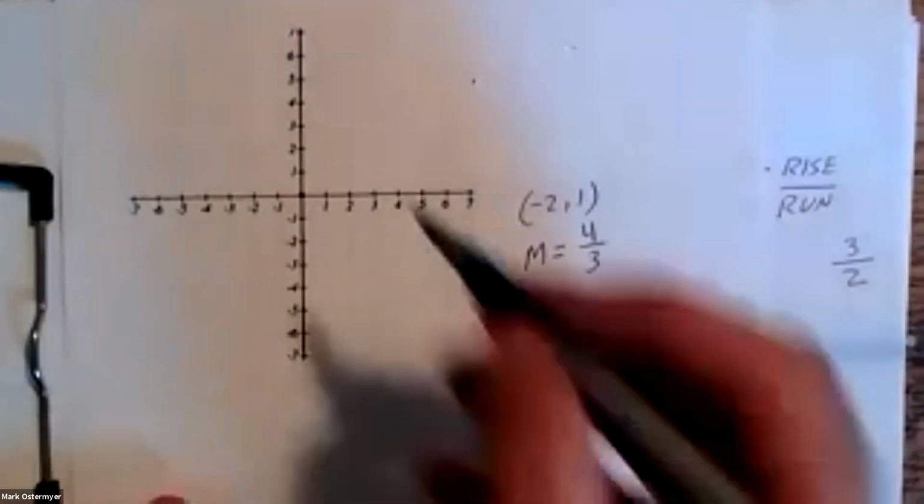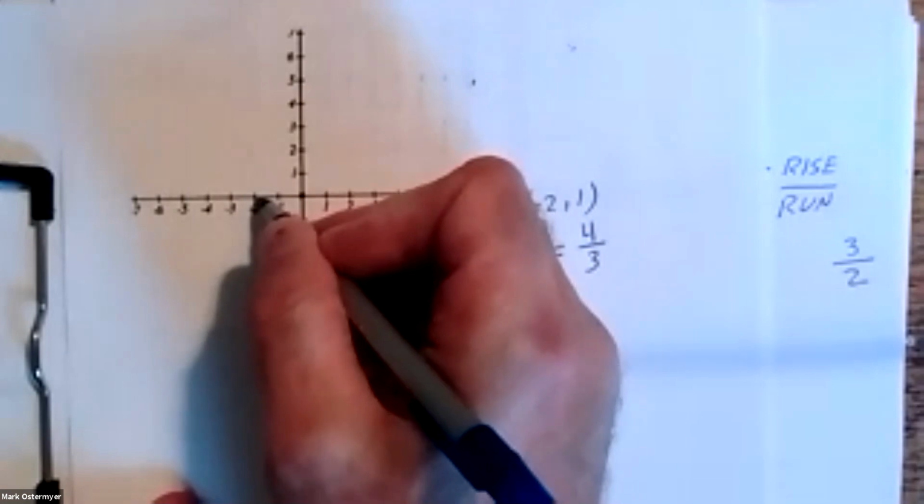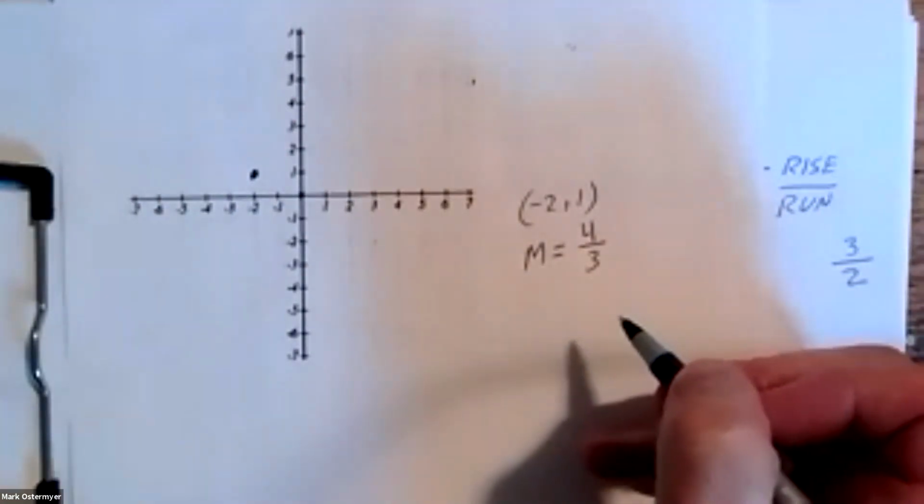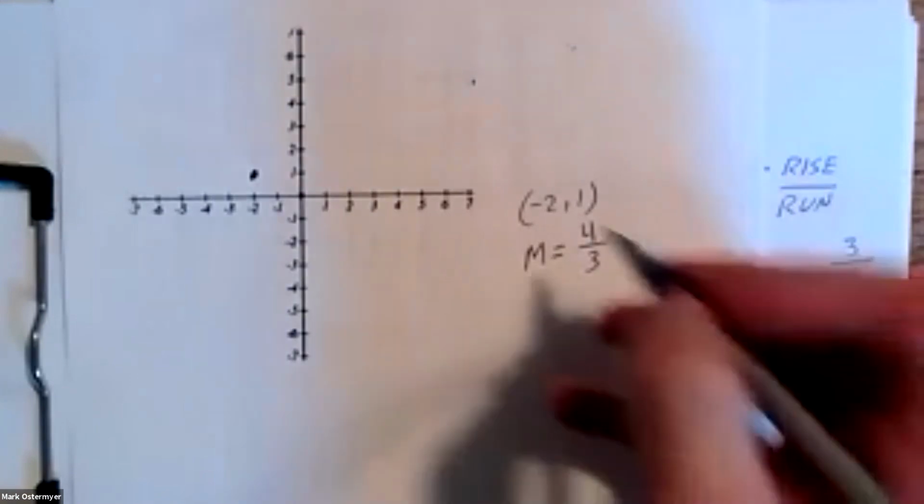All you got to do is plot the point -2, 1: start at the origin, 2 to the left and then up 1. There's -2, 1 in the second quadrant. Now the slope is 4/3. So that means if I go from this point to any other point, I would experience 4 units of rise versus +3 units of run. That should be enough information to plot another point on this line.